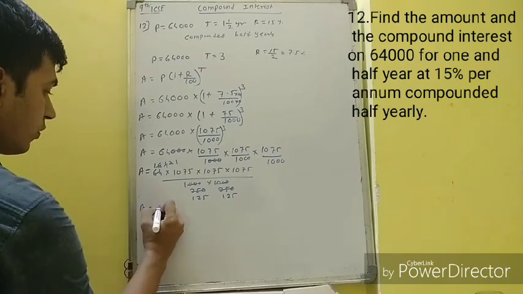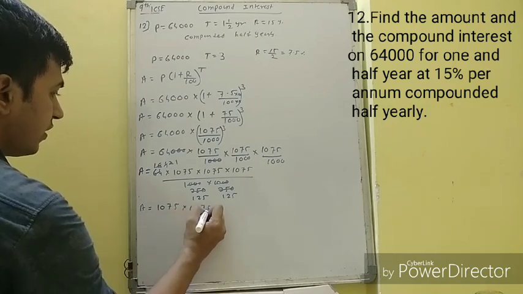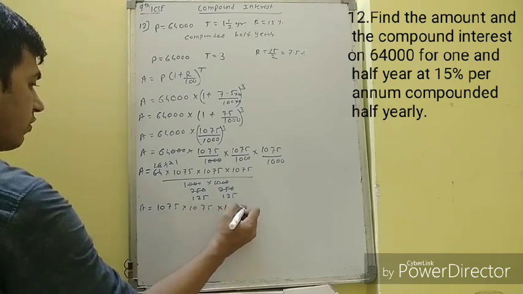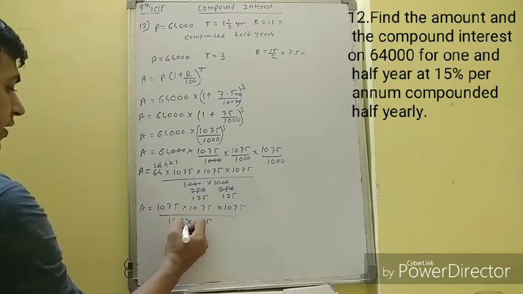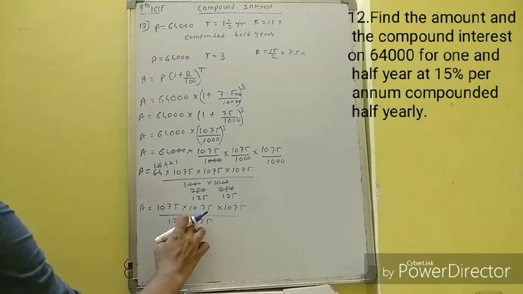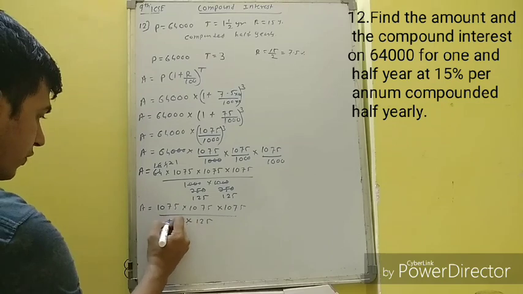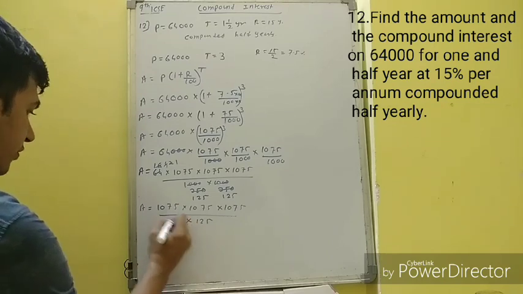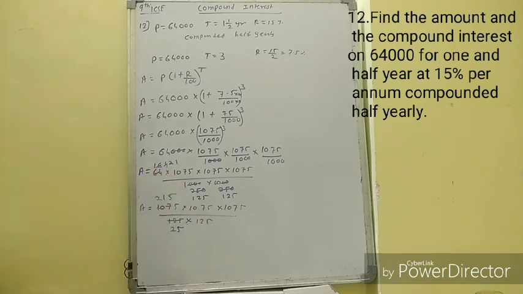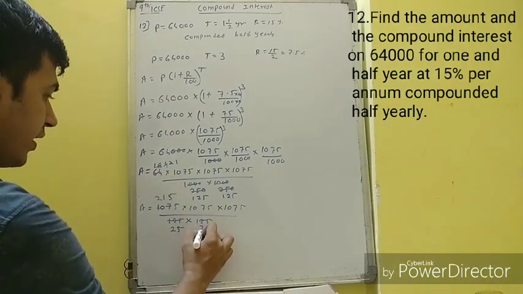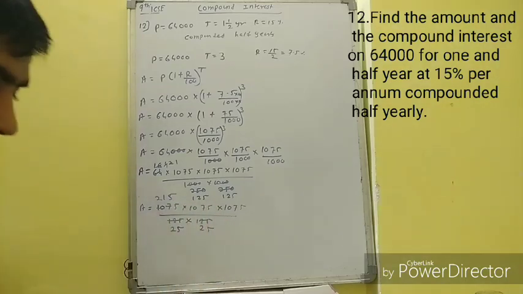So what do we have now? So we have amount is equal to 1075 divided by 125 into 125. Okay, so let's try to reduce it by 5.